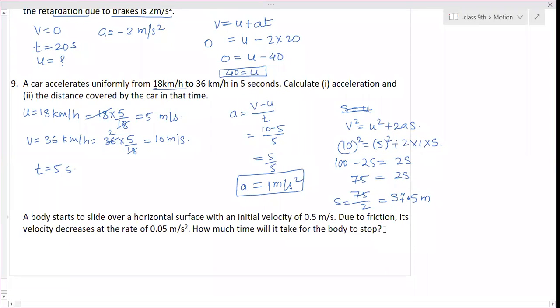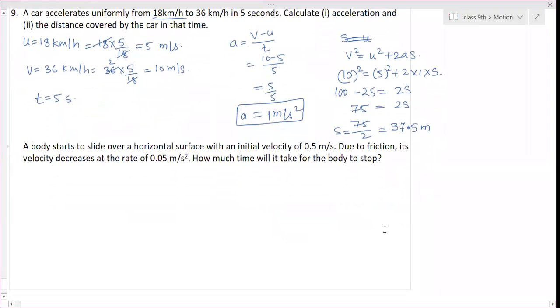Ma'am, it is 10 square is equal to 5 square plus 2 into 1 into 5. S is the distance, you have to calculate. S is the distance covered.